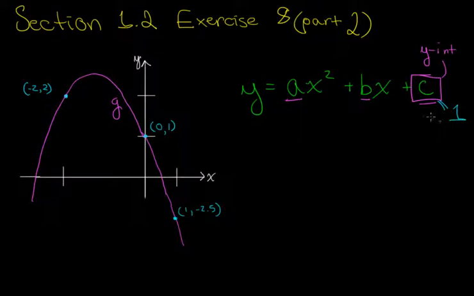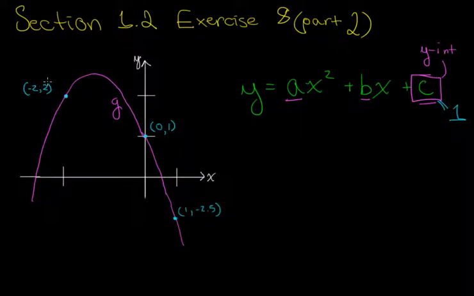C is 1, okay? Whatever value your graph is at when x is equal to 0, that is c. In this case, 1. So now our task is to find a and b to complete the equation for our graph. We write a system of equations using these 2 points, (1, negative 2.5) and (negative 2, 2).